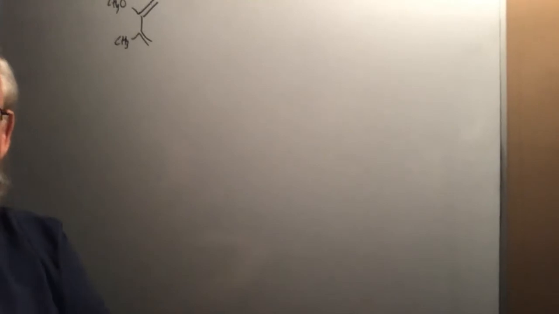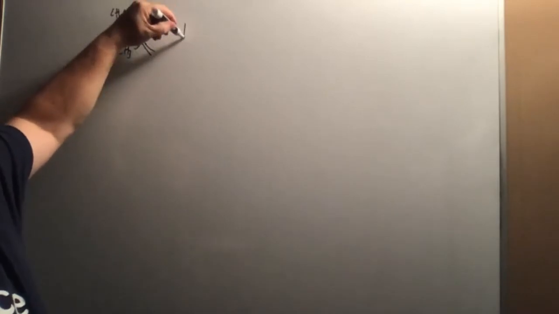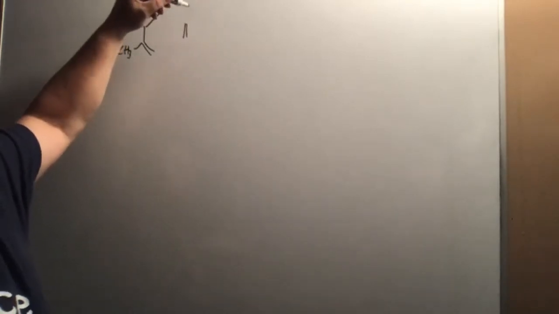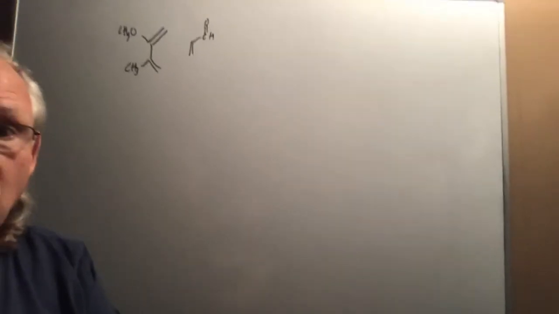So do we agree this is an unsymmetrical alkene? Okay, do we agree that's an unsymmetrical diene? Then we're going to use our other one, which is this. Do you agree it's also unsymmetrical? Okay, so we've got two of these that are unsymmetrical.